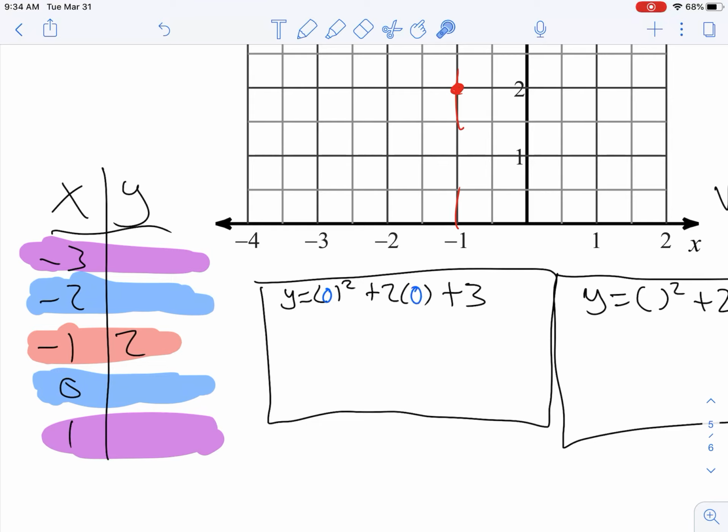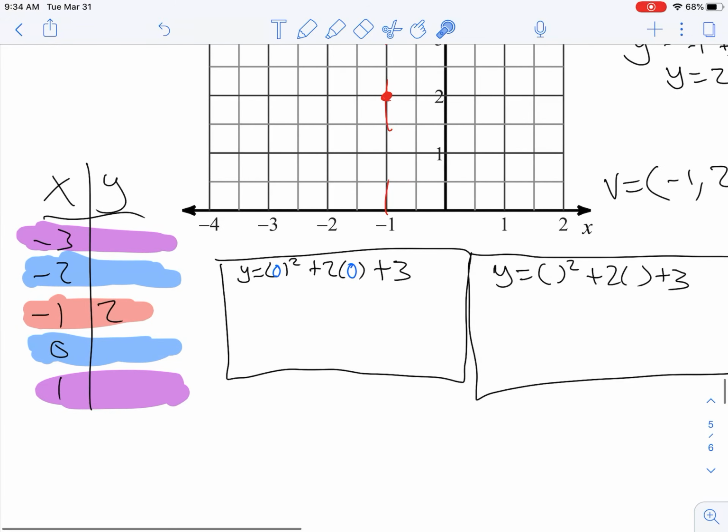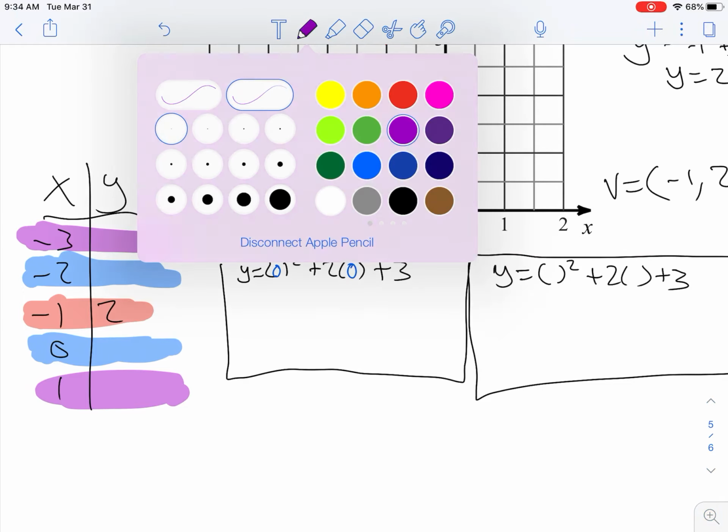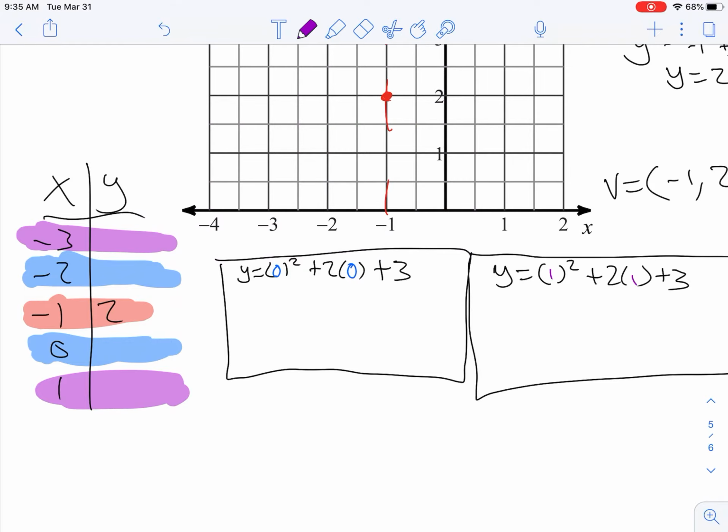So I've chosen to use this value to plug in here. I could have also used the negative 2, but I figured I'll go with the 0. It's going to be much easier. And then same thing, I'm going to use this 1 over here. You could use negative 3. You're going to get the same values out, but I'm going to use 1.